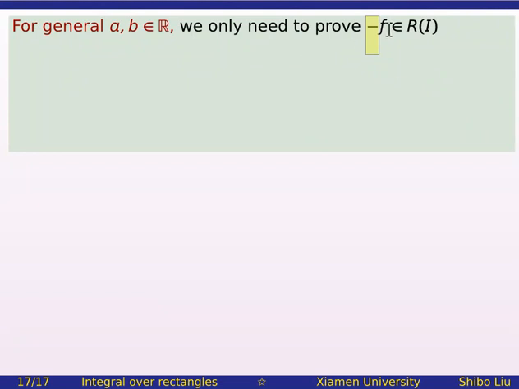If the minus f case is clear, then you can use minus f to transform the A or B negative case to the positive case, because if A is negative, AF is the absolute value of A multiplied by minus F. So you can apply the result to minus F. Therefore, we want to prove that when F is integrable, then minus F is also integrable, and the integral of minus F equals minus the integral of F.